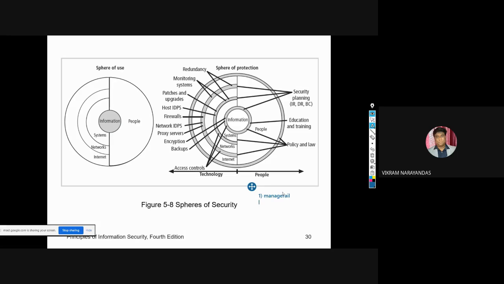The safeguard provides three levels of control. The second one is the operational controls.